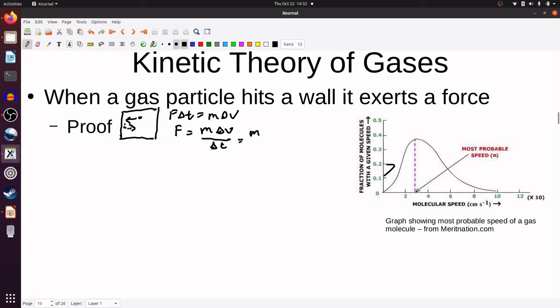The final velocity, I said going to the right, so that should be mv, and then minus a negative mv, which is going to the left, over delta t. And that's going to give you 2mv over delta t.